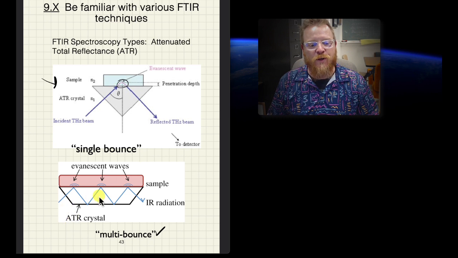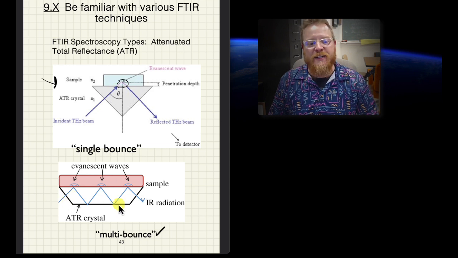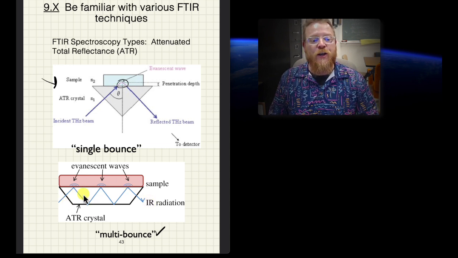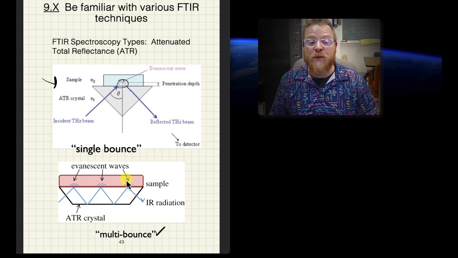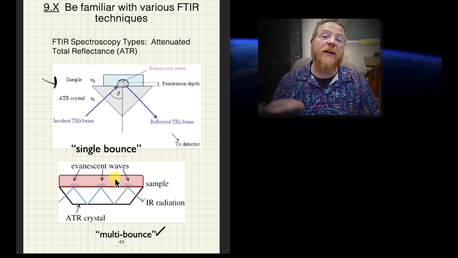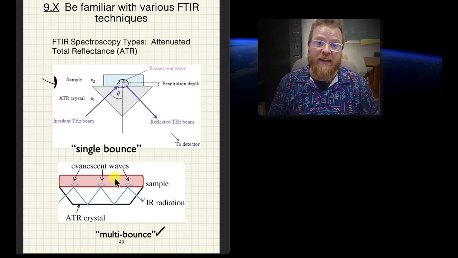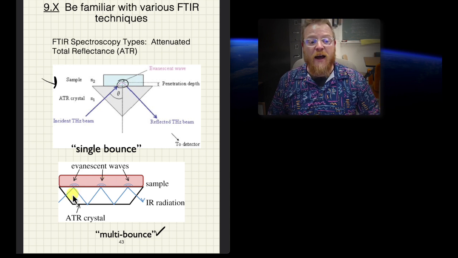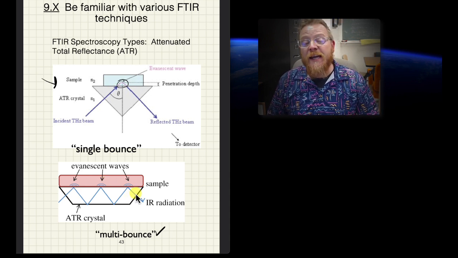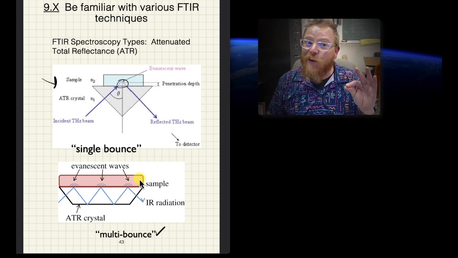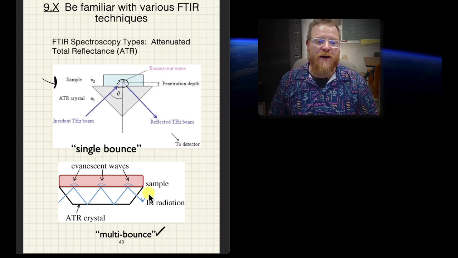In other words, when you get a special type of ATR crystal that is at the right geometry to give you total internal reflection, you get multiple evanescent waves through your sample, thus increasing the path length enormously. This multi-bounce ATR crystal can be used to detect single molecular layers of molecules.